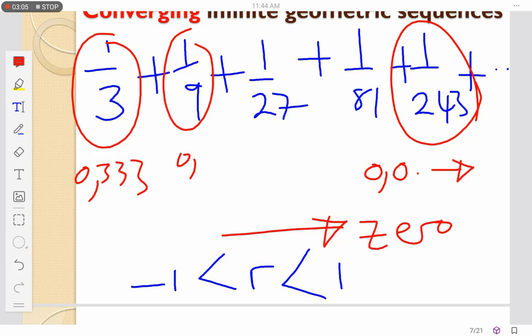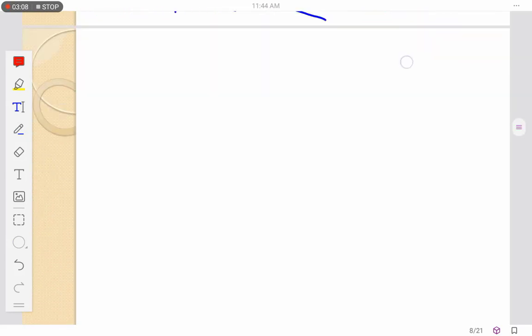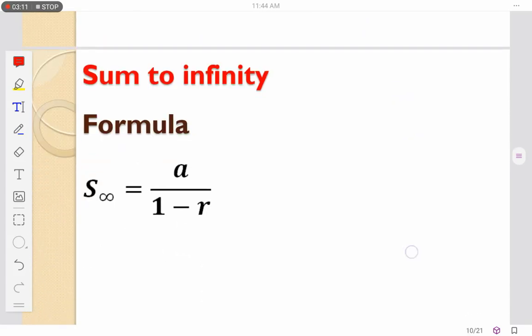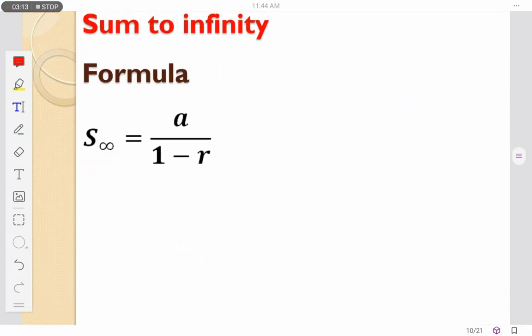We have a formula that we use when we are looking at these sequences and series: the sum to infinity is equal to a over 1 minus r. In order to determine the sum to infinity of a geometric sequence, we use this formula.